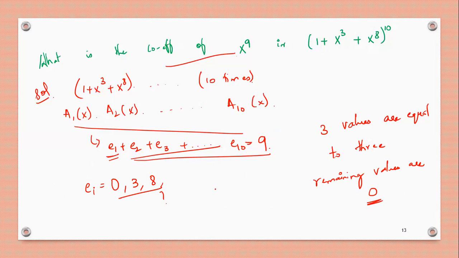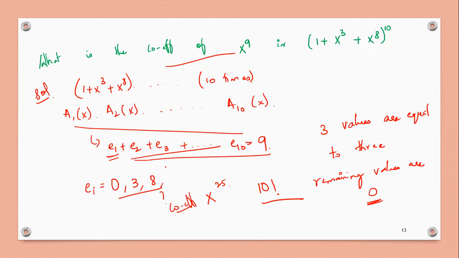Similarly, suppose we want to find the coefficient of x power 25. There are 10 Es in total. How will we get 25?